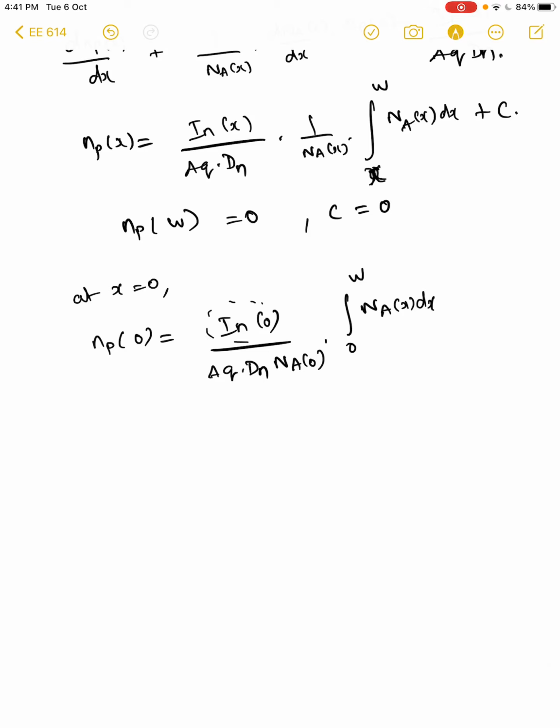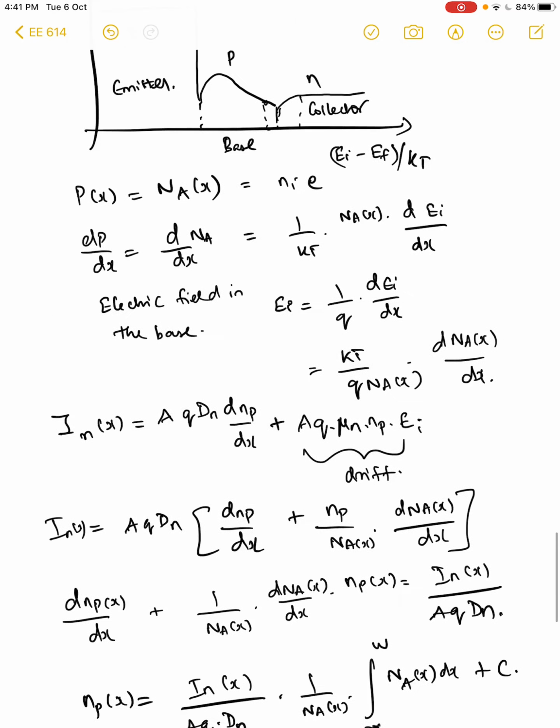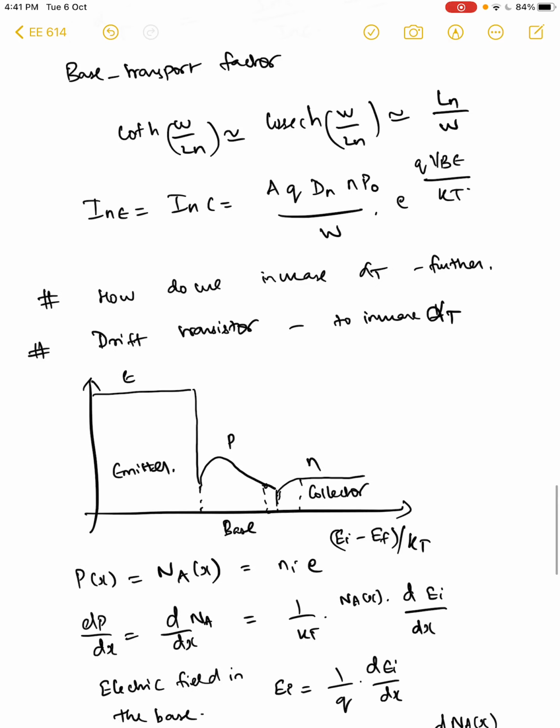So this is INE, and this is what we calculated before. And we know that whatever we do in the base doping density does not really change the emitter injection. So INE is going to be the same.